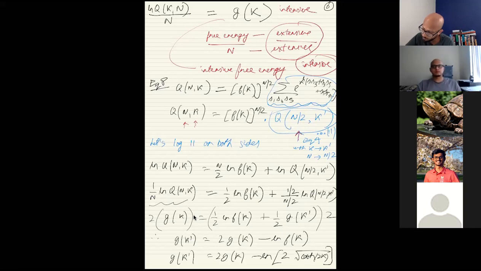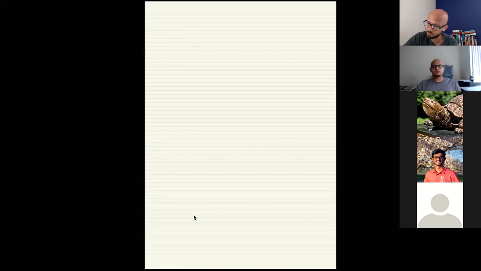And this is the key equation of renormalization group theory. This one is called the central RG equation. Let's write it down on the next page and meditate over it for a little bit. So we just derived the central RG equation, which tells me the intensive free energy.